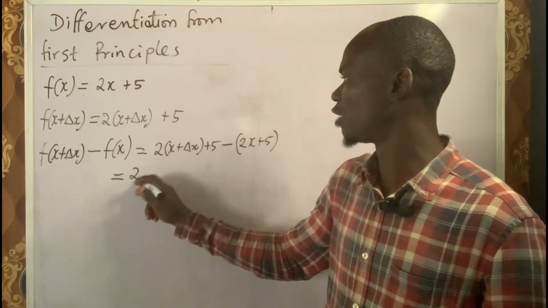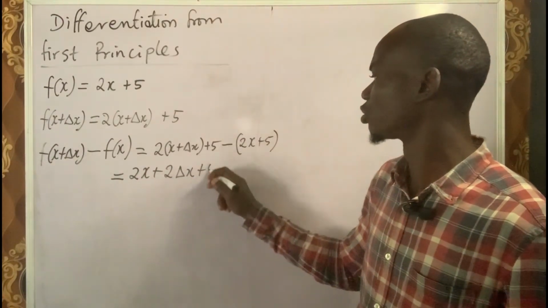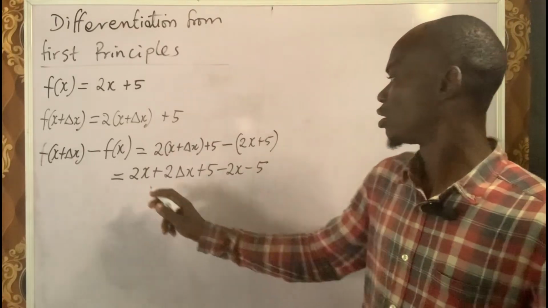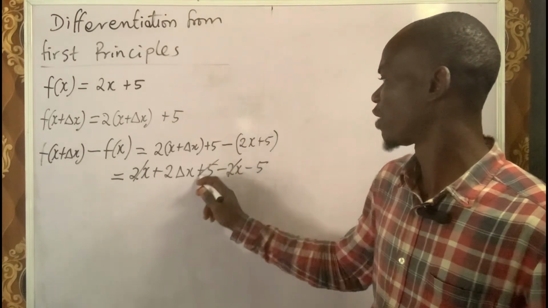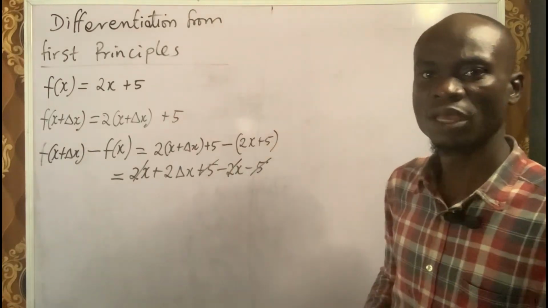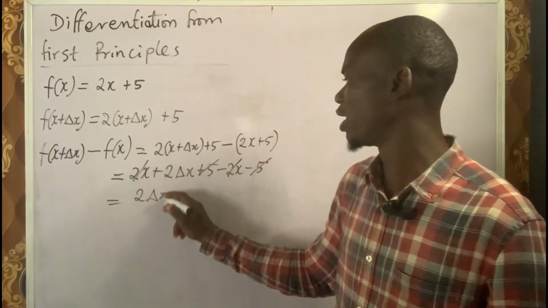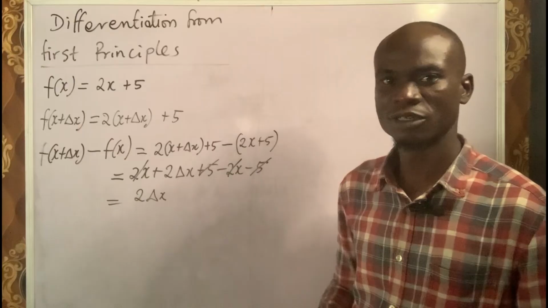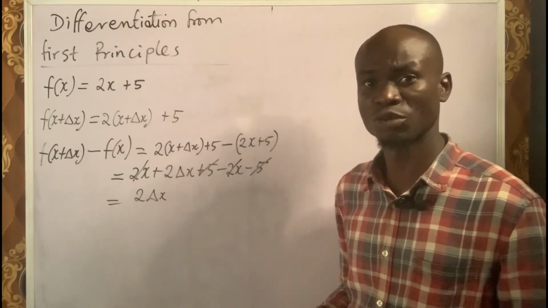If I open this, I have 2x plus 2 delta x plus 5 minus 2x minus 5. 2x minus 2x is gone. 5 minus 5 is gone. So what is remaining now is 2 delta x. And very interestingly, we have a free delta x now. It's a free delta x because in the next step, as I divide through by delta x, it will cancel out.